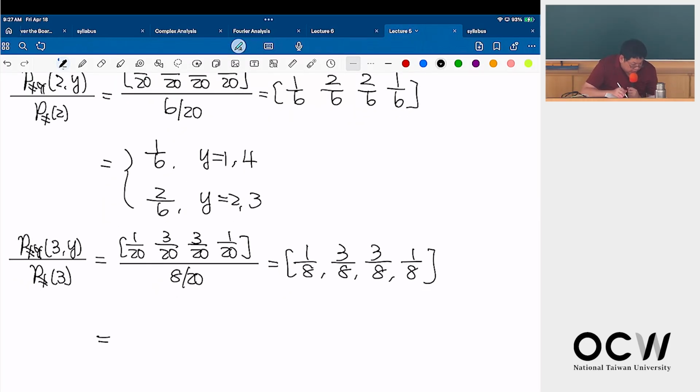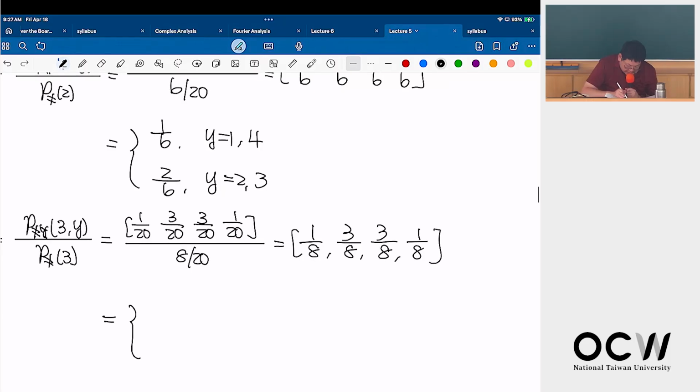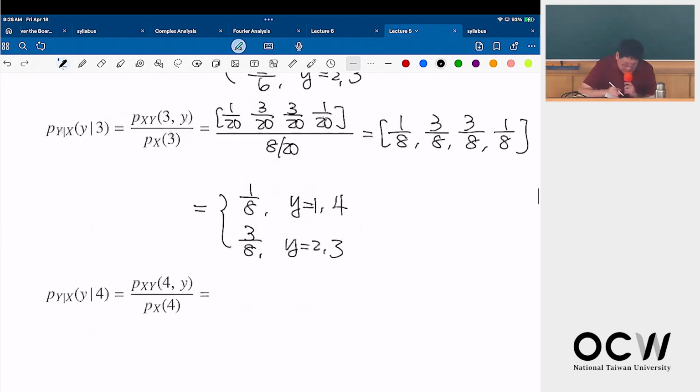So it is either 1/8 when y equals 1 and 4, or 3/8 when y equals 2 and 3.